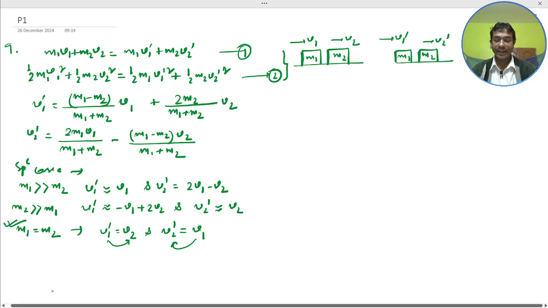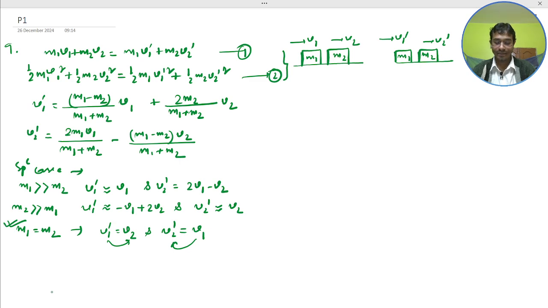Next one, perfectly inelastic collision in one dimension. For inelastic collision, we get the common velocity v.